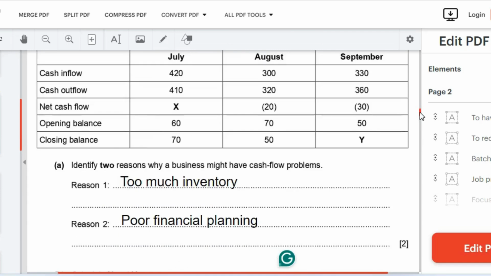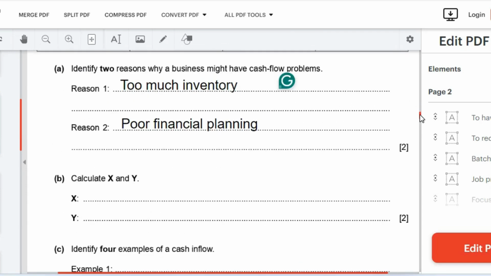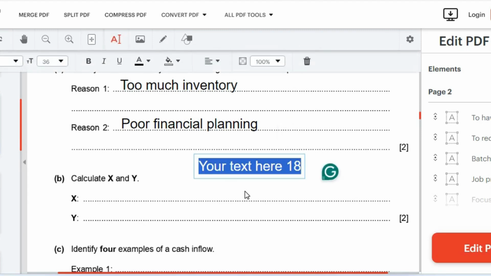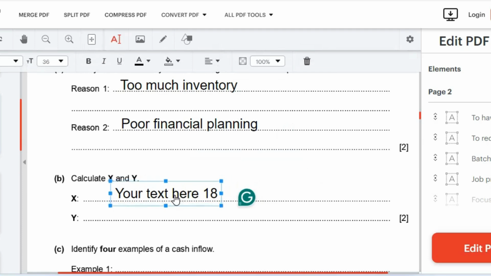Of course, the naira dollar sign is here already, and if you wish to put it, you can add it to your own answer. You can put it as $10,000, or you write it as ordinary 10.